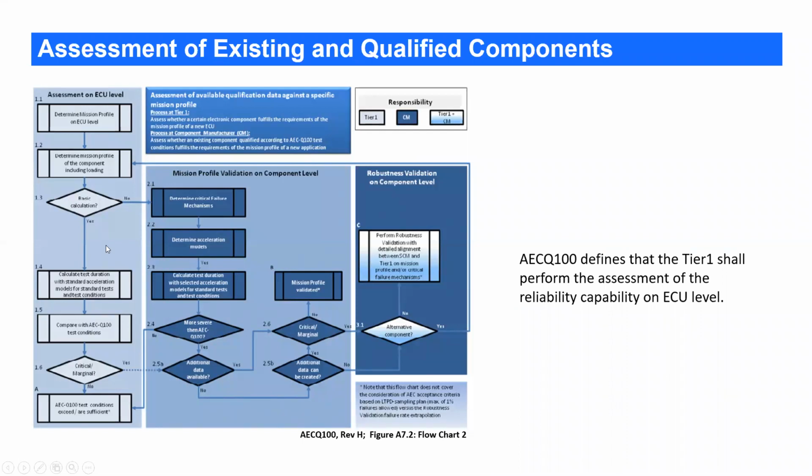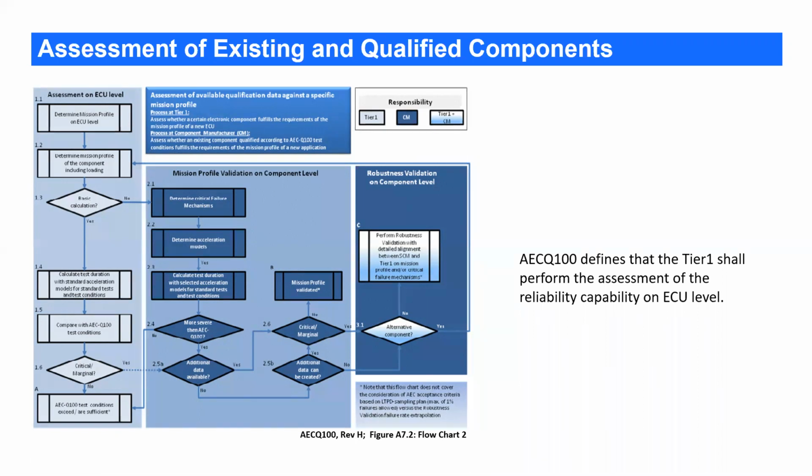So typically the party that buys ICs to put them into their application, which will later be used in a car. So the tier 1 needs to find out, has a basic calculation been done? And the basic calculation means nothing else but has the qualification been done, especially for mission profiles, the HTOL test.